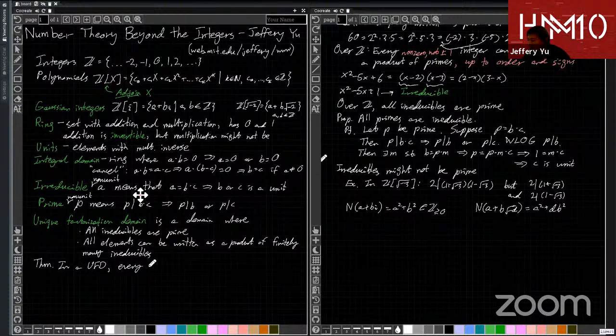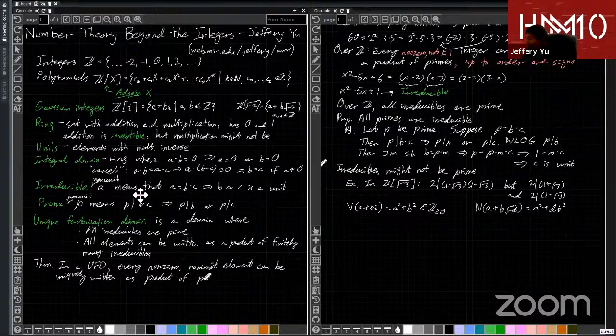So every non-zero non-unit element, which replaces the not plus or minus one condition I had above, can be uniquely written as a product of primes, up to order and units.